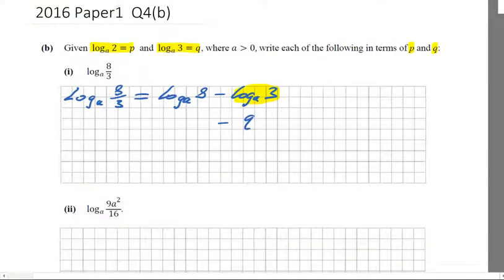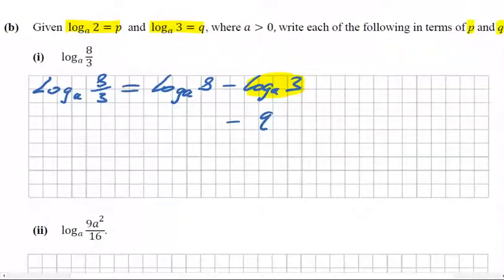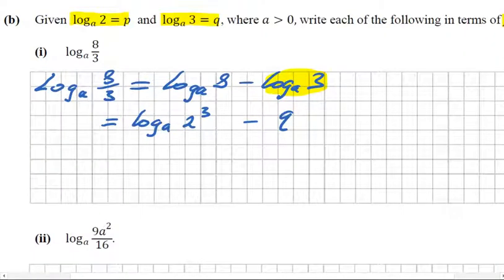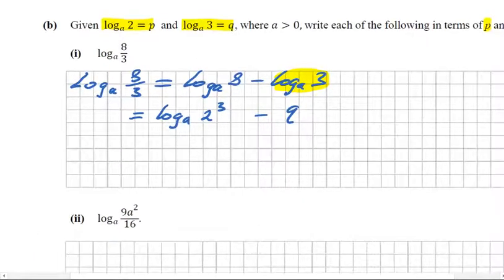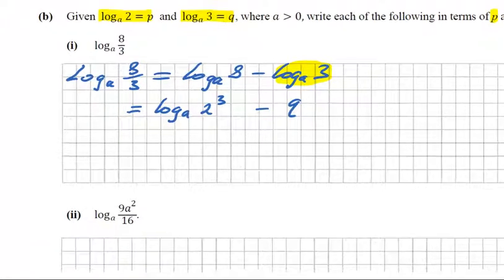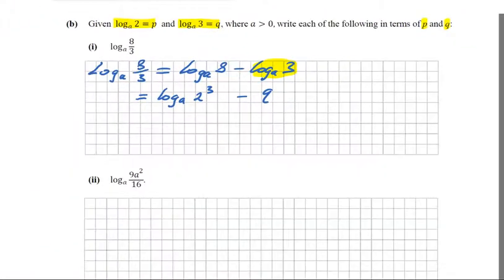Now log to the base A of 8. We need to work with that a little bit, because we can only use log to the base A of 2 or 3 if we want to bring P and Q into it. So we can rewrite that: 8 is actually 2 cubed. And now we have our 2, but we've got a 3 in the power that's in the way at the moment. There's another rule we can use to get rid of that.